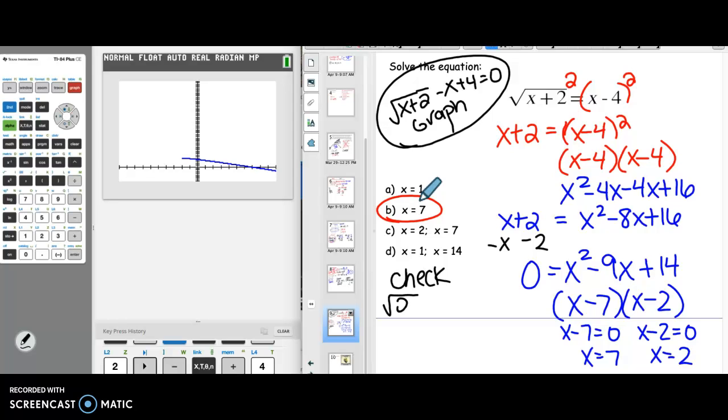Square root of 2 plus 2 equals 2 minus 4. Square root of 4 equals negative 2. Nope. So that is an extraneous solution, because 2 does not equal negative 2. Those are different values, different numbers, and that's why the 2 does not work. So just 7.